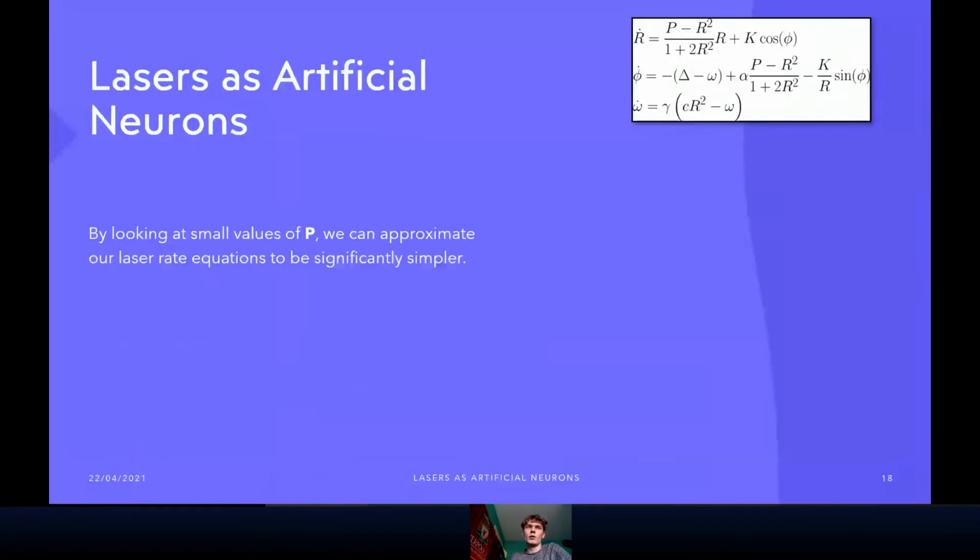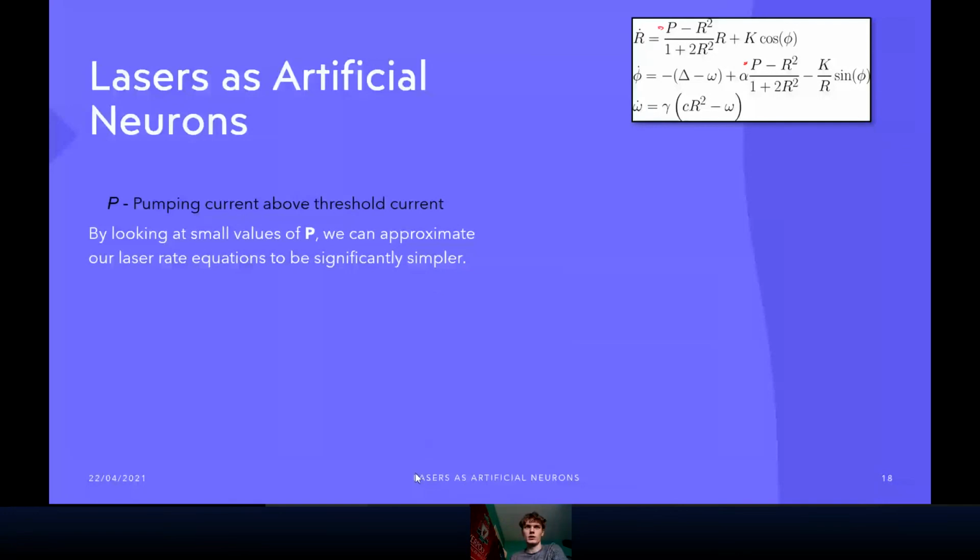So let's take our laser equations once again, see what we can do with them. What we're going to do is lower P, and I'll justify this in a second. Now, if you imagine lowering P, the numerator here will dominate the behavior compared to the denominator, because this will stay close to 1 for low R, and this will be the dominating change.